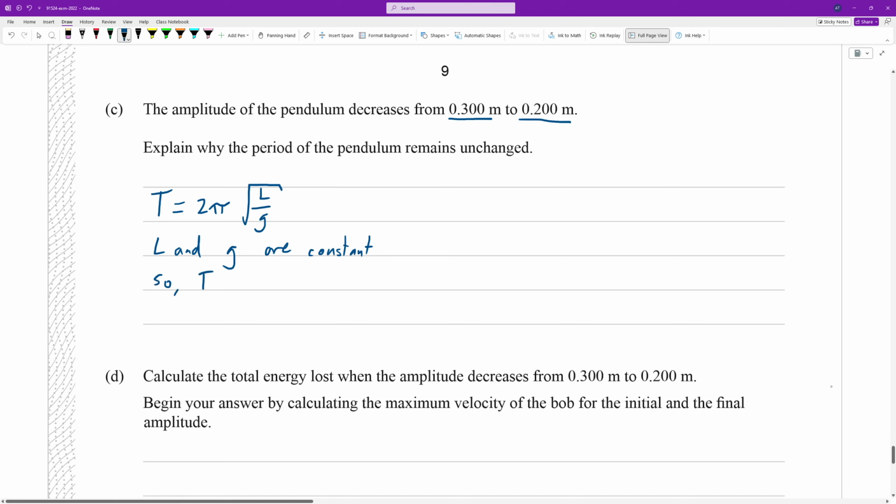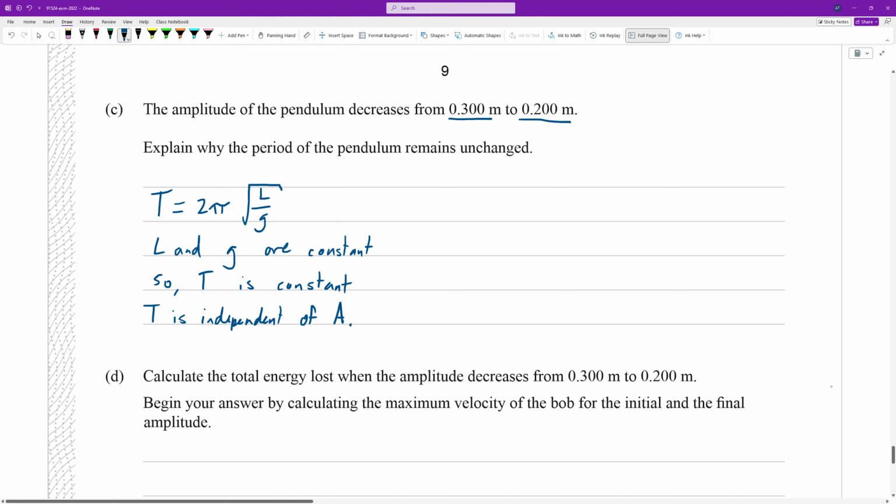So T is constant. We don't need to say pi is constant, that's a given. So L and G, length and gravitational field strength, are constant, so the time period is constant, which tells us T is independent of A, of amplitude.